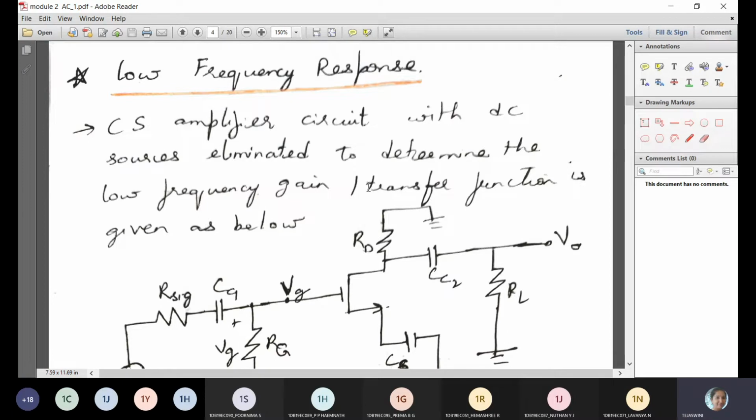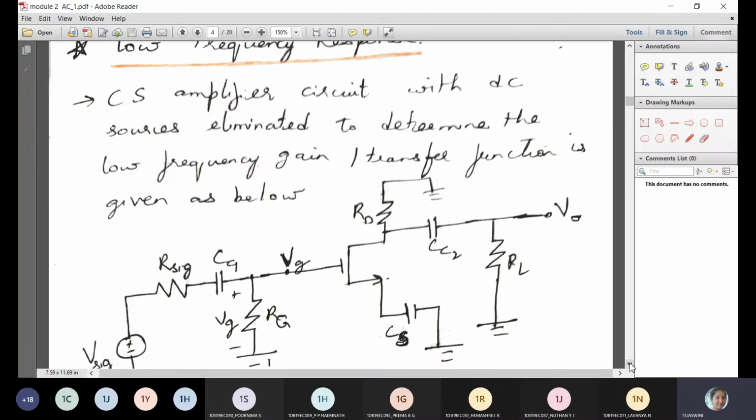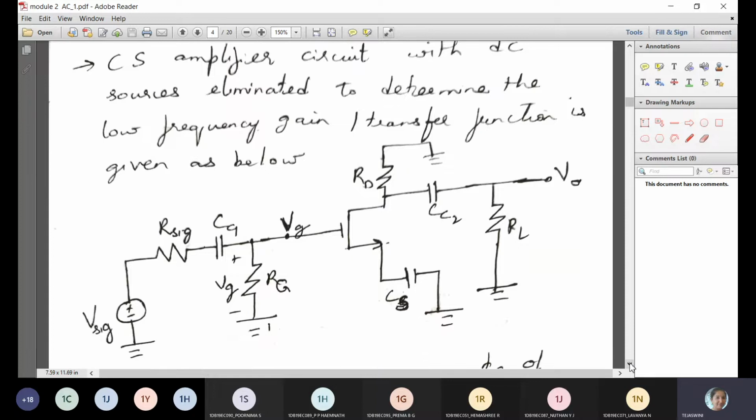We have to find the corner frequency. So there are three corner frequencies in this. You can observe the figure here. I hope the screen is visible. Yes, so this is a capacitively coupled common source amplifier circuit, which we have discussed in the previous classes. The only thing is that here the drain voltage VDD is grounded, and CS is connected directly without the current source.